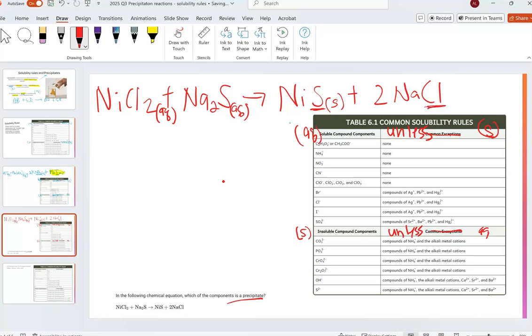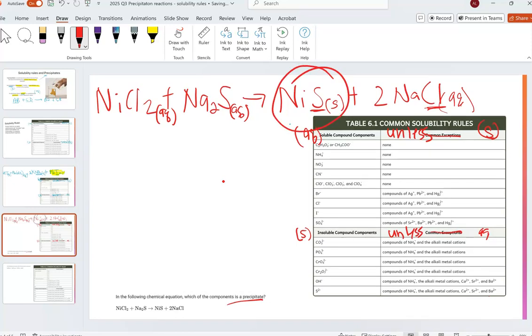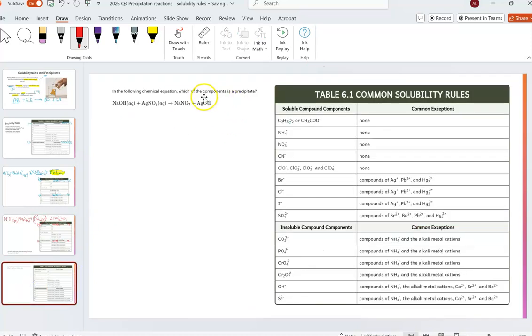So now we're going to find chlorine. Chlorine, so substances bonded to chlorine will be aqueous unless they are bonded to silver, lead, that's lead-2, or mercury-1. So it's none of those, so it has to be aqueous. So which of the components is the precipitate? Nickel 2 sulfide.